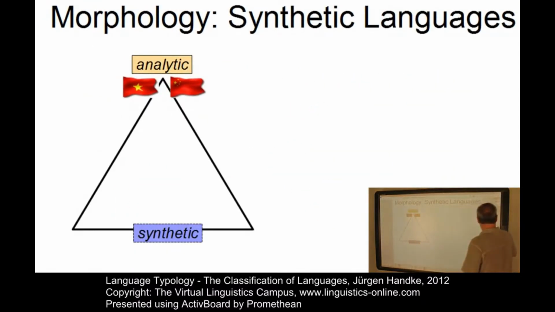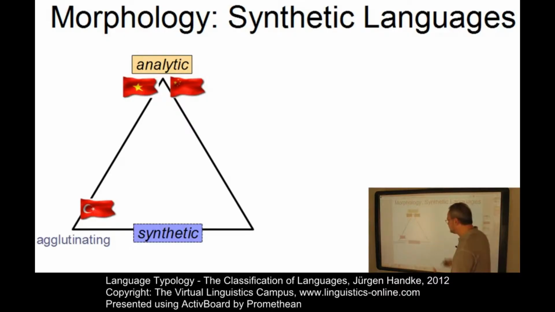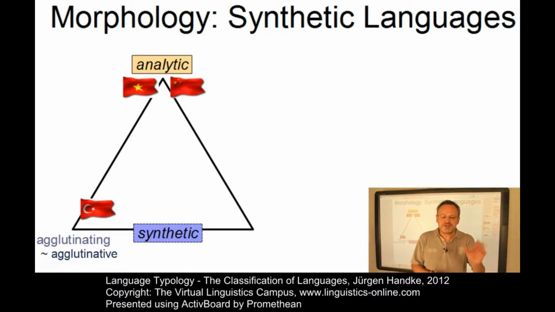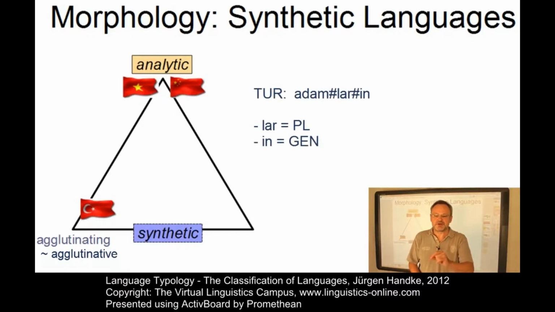On the one hand, we can define so-called agglutinating languages, and this is the case for Turkish, whose morphs are by and large functionally unambiguous. In such a language, which is sometimes also called agglutinative, a word may consist of more than one morph, but the boundaries between the morphs are always clear-cut.